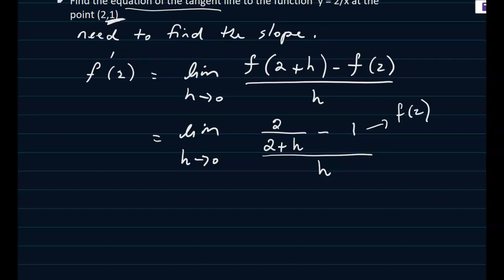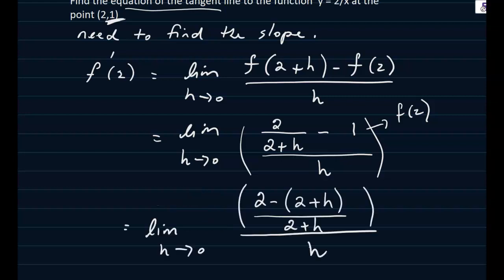Okay, all right. And we have to manipulate that now. We have to simplify it. We get the limit as h approaches 0 of 2 minus (2 plus h), all over 2h.